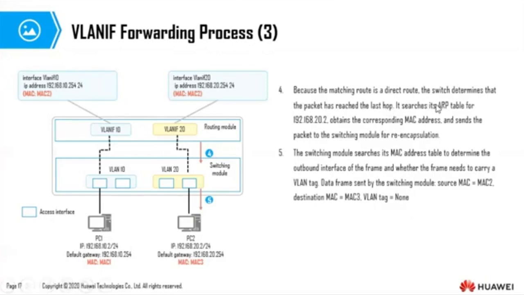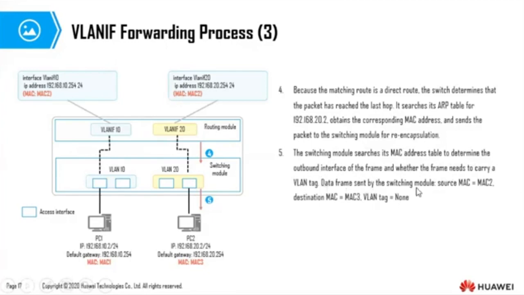So it searches its ARP table for 192.168.20.2, obtains the corresponding MAC address, and sends the packet to the switching module for re-encapsulation. Now the switching module searches its MAC address table to determine the outbound interface of the frame and whether the frame needs to carry a VLAN tag.